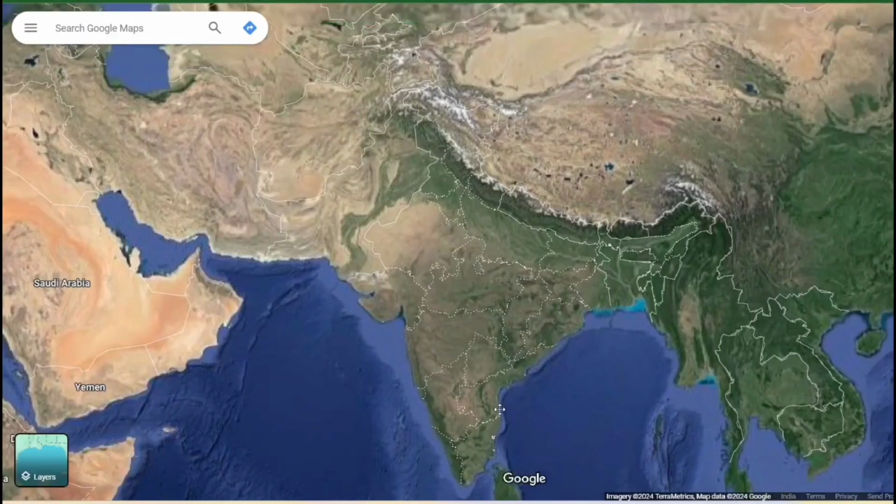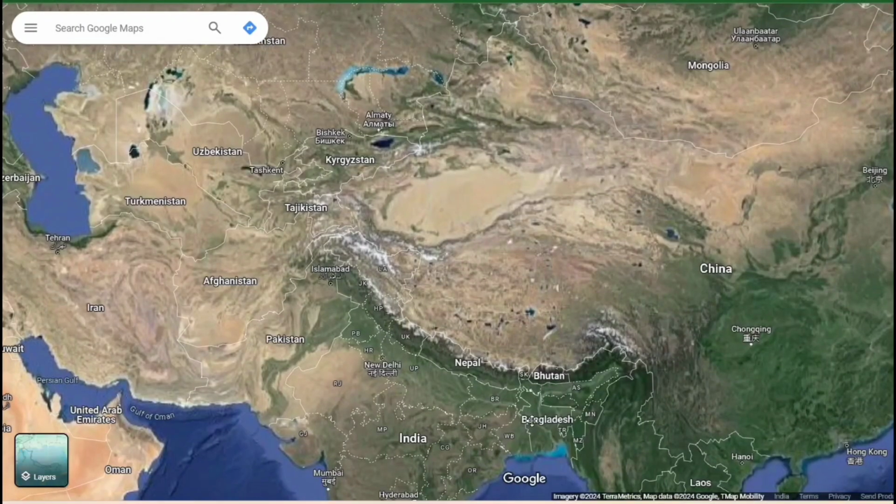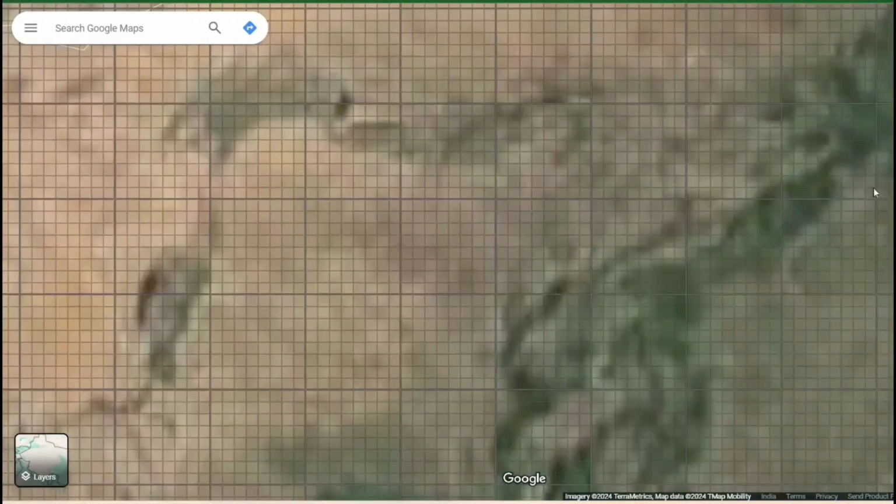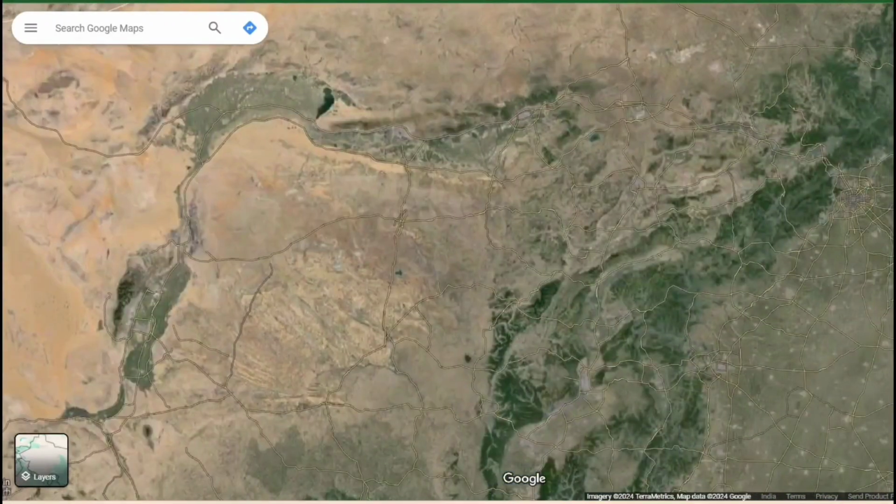Because the majority of the part of China, just see China, this much part, this much part, up to Beijing. Beijing is very north here, near the hills.